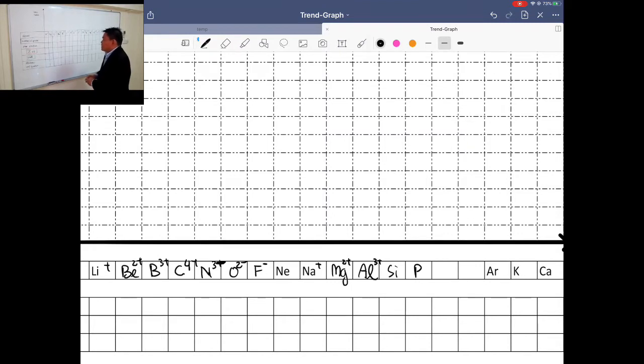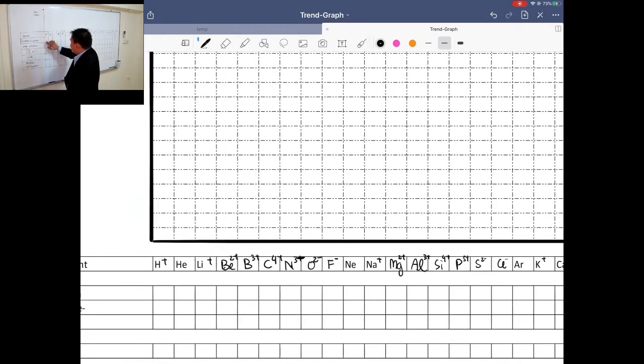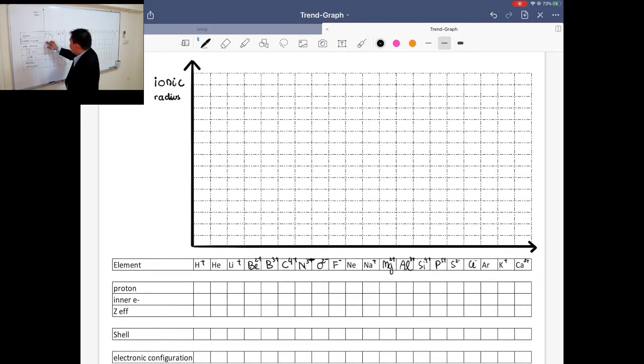The next step is to fill up the number of protons of each element. This is of course very easy. You can look up on the periodic table, or even if you do that, you don't have to do that also, because it's in sequence.